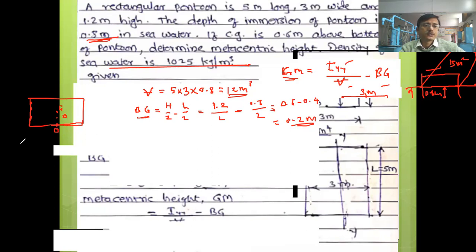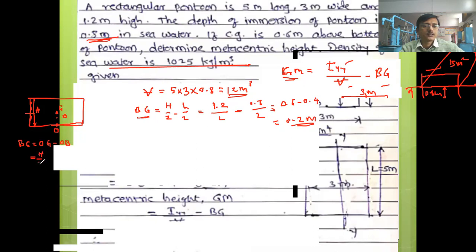So here BZ is nothing but BZ is equal to OZ minus OB, right? But what is OZ? OZ is nothing but the distance of Z from O. But what is the distance of Z from O? It is nothing but half of the total height of the object. So what is the total height here? Capital H. So I can write here capital H by 2.